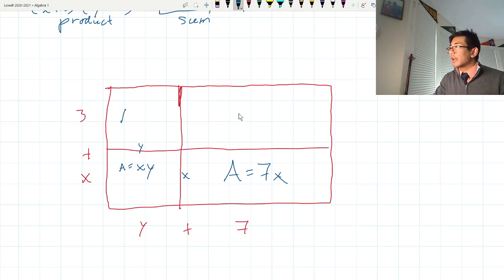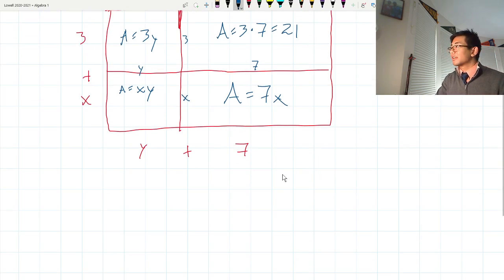That means the area of this top left piece is 3 times y, or 3y. The final piece is 7 by 3, so the area is 3 times 7, which is 21.